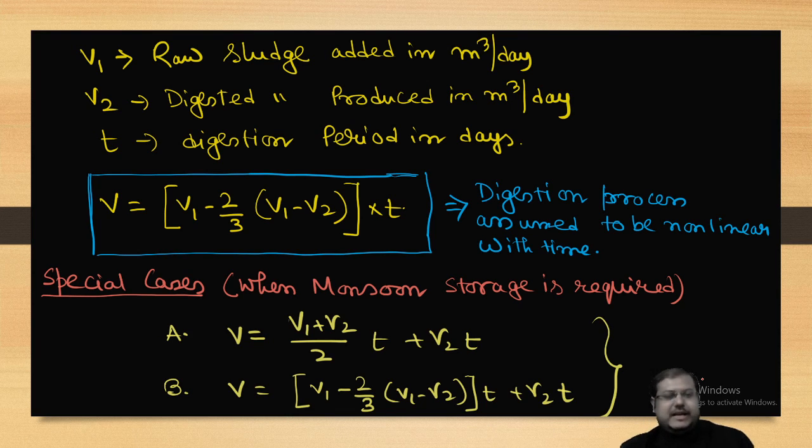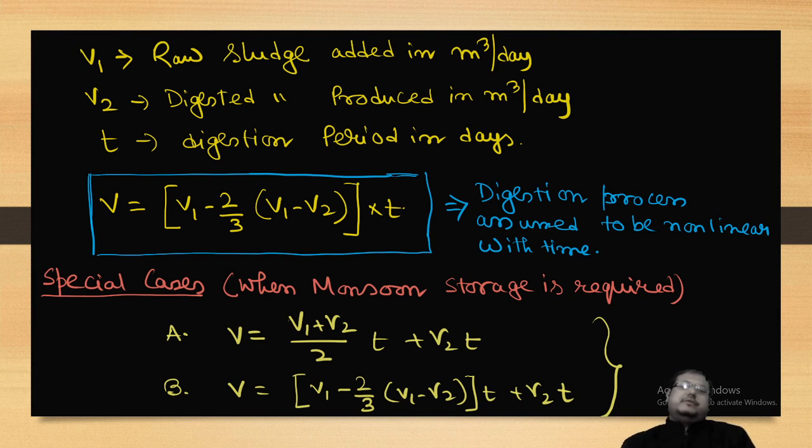Now there is a special case where the monsoon storage is required. Monsoon storage is required, मतलब during the time of monsoon what will happen. अगर मानसून के टाइम पे आप डाइजेस्टेड सॉलिड्स को फिर से फेंक देते हो तो फिर तो वही कहानी है, पानी को हटा रहे हैं, फिर जाके पानी में ही लग रहा है, it will get moisture. तो मानसून के टाइम पे एक अलग से चेम्बर रहेगा, एक पोर्शन रहेगा जहां पे डाइजेस्टेड स्लज को स्टोर करेंगे. मानसून खत्म होते ही उसको हटा फेंक देंगे.